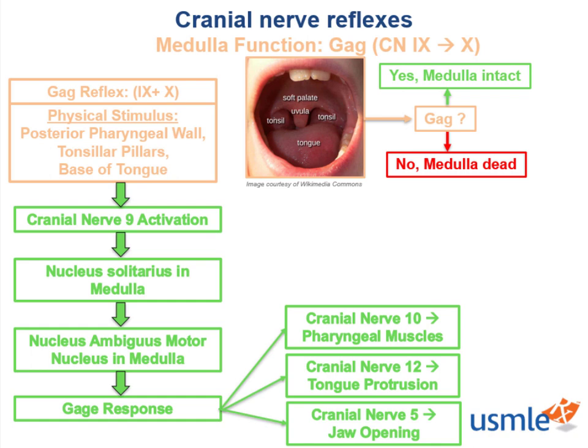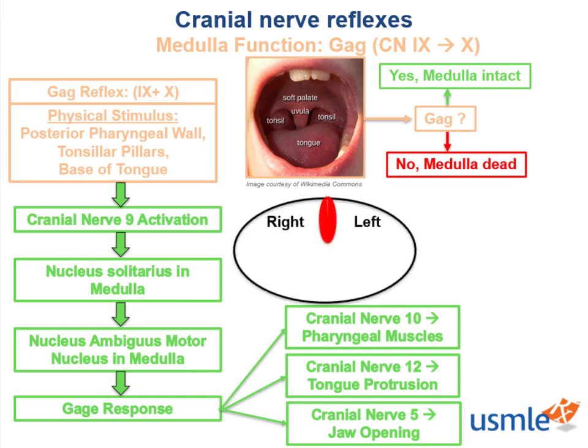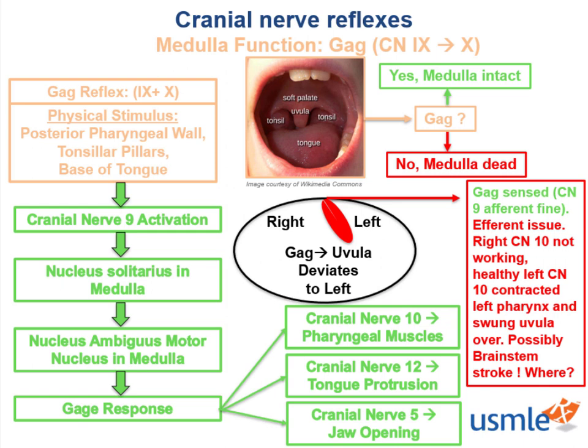Another very high-yield application of this reflex is as follows. Pictured is a mouth with a black outline and a red uvula hanging inside of it. If you elicit the gag reflex and the uvula deviates to the left, what does this tell you? It tells you that the gag was sensed by cranial nerve 9, the glossopharyngeal nerve, and that it is functioning.